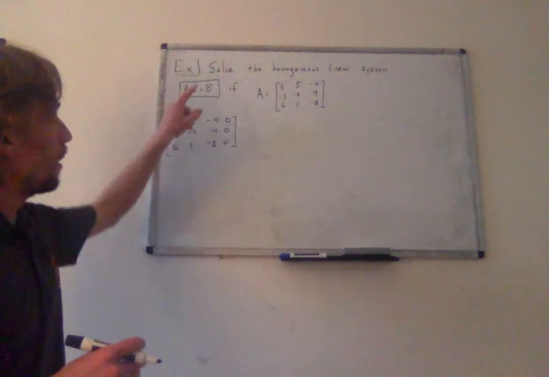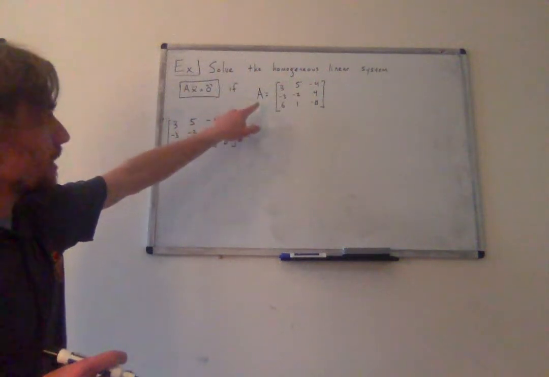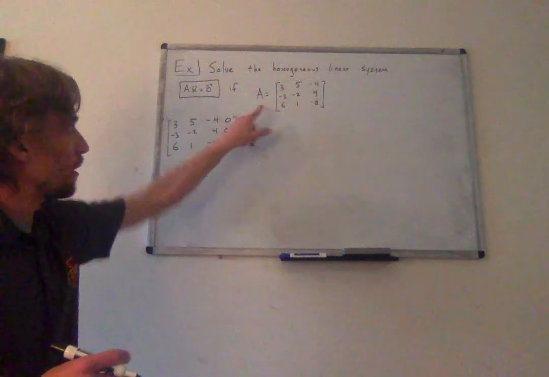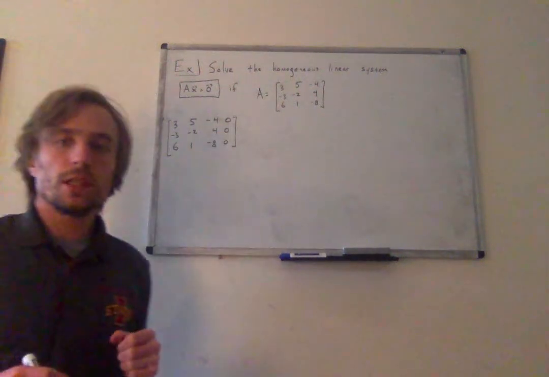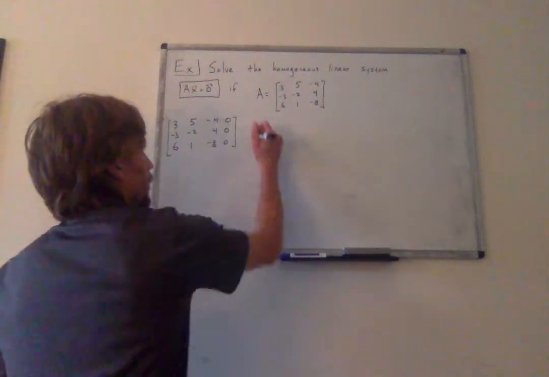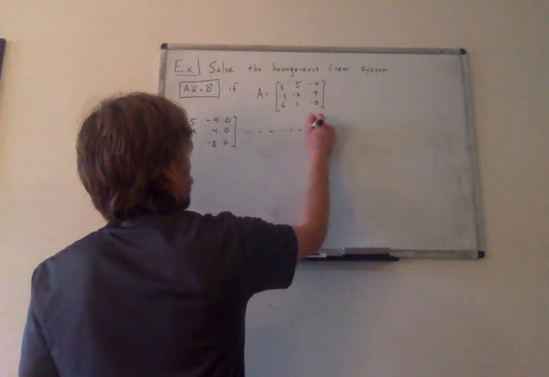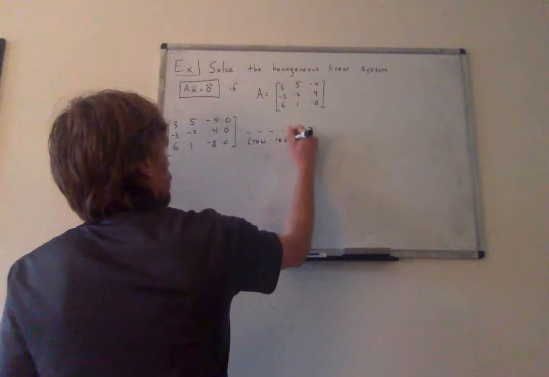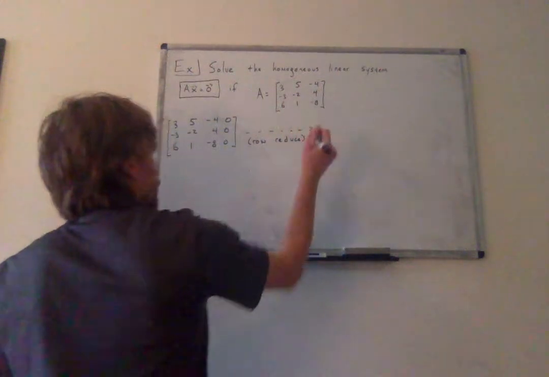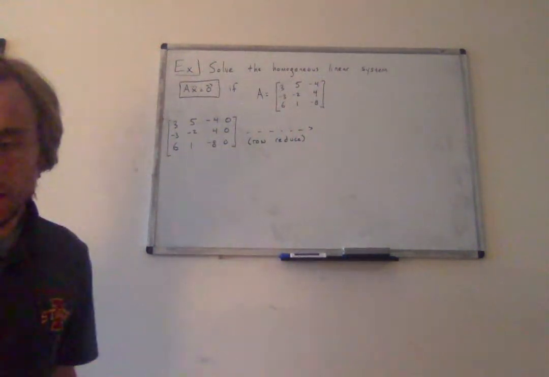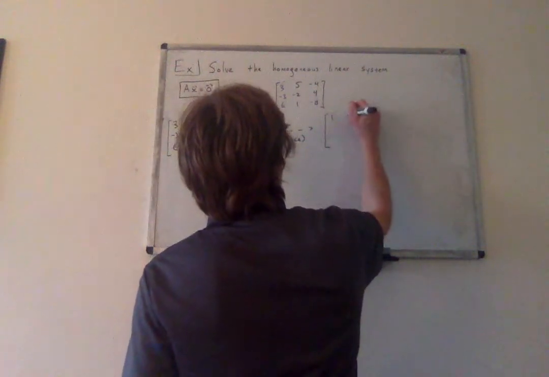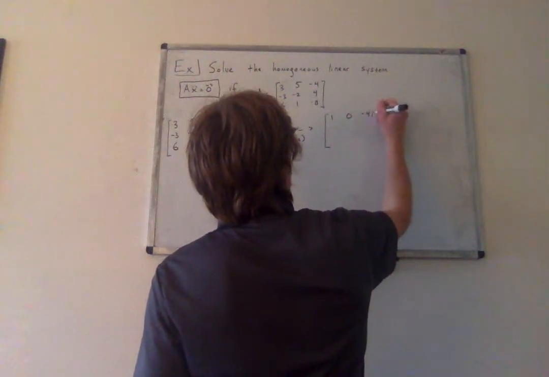So remember, I can solve this homogeneous linear system given the coefficient matrix A by row reducing the augmented matrix. I did this in the last video, so I will leave the work for past me and tell you that after row reducing this augmented matrix, I got the following.